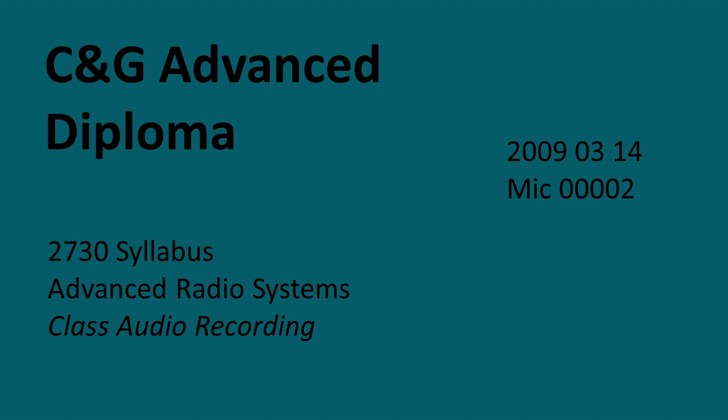Then if you are applying for Advanced Mathematics, it is 2730 03 027. 03027 is Advanced Mathematics 2.